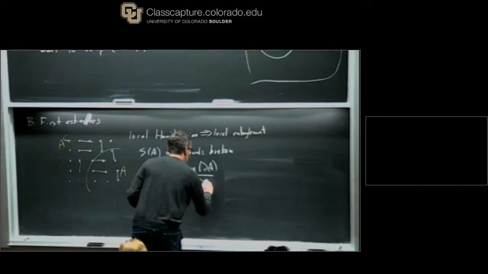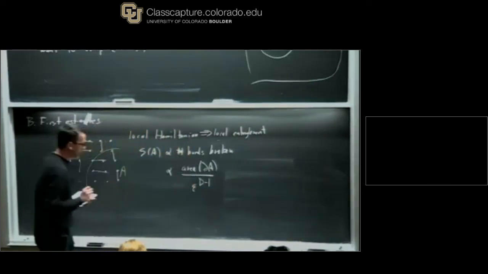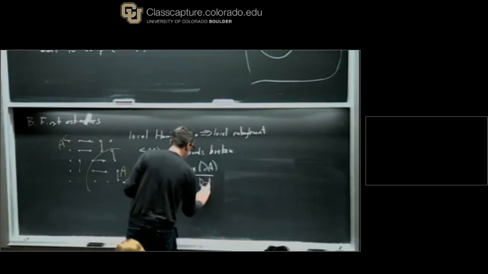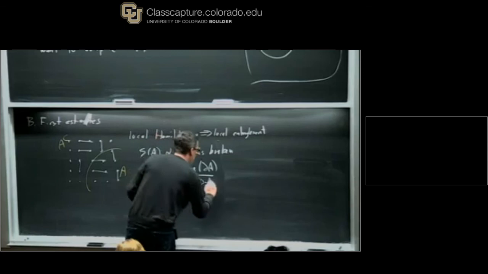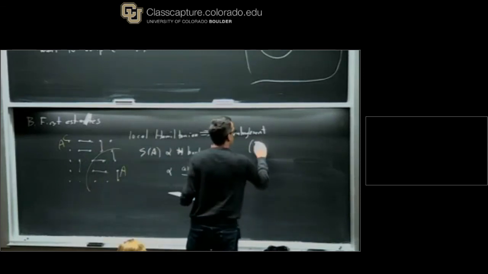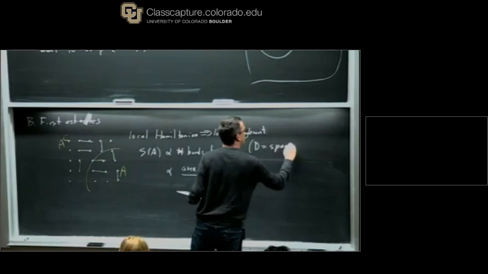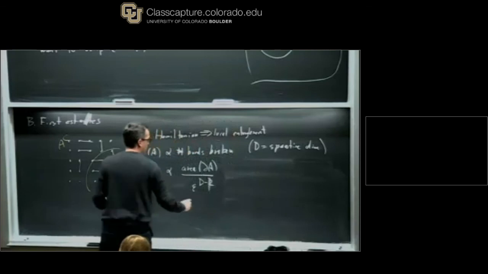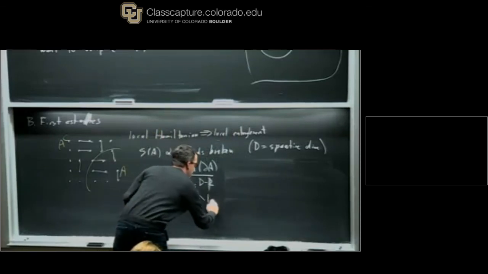So unlike Oliver, I'm going to use a capital D for my space-time dimension. Sorry. Of course, it would be helpful if I got the exponent right. Okay, D equals space-time dimension of the field theory. This is the lattice spacing.